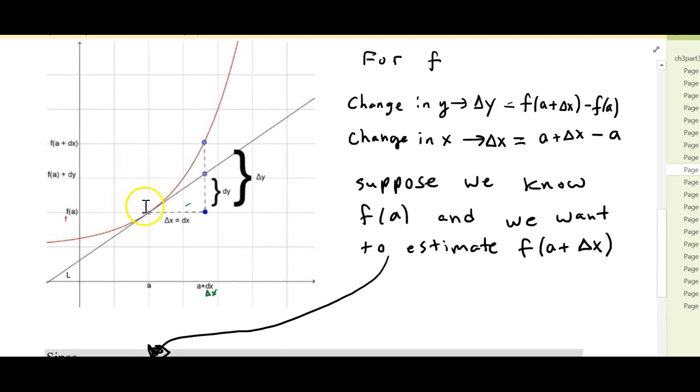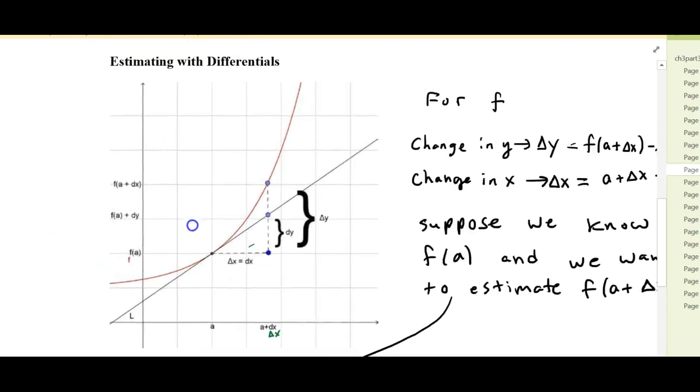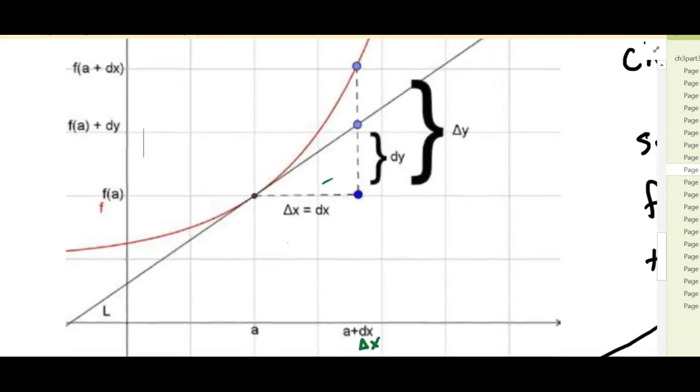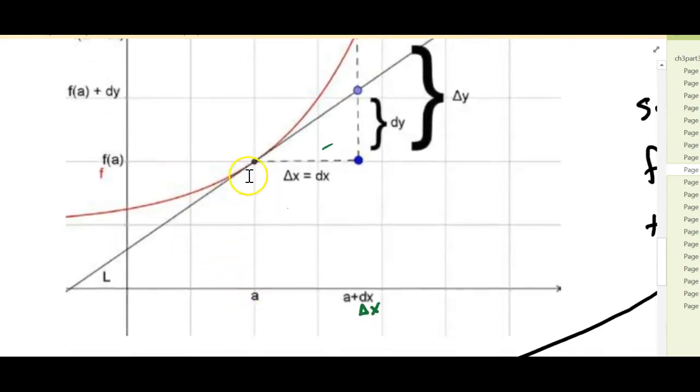The idea here is, let's say we know the value of f of a. Is there a way to use that value to estimate the value of the function for an x that's near a? Can we use the known value to estimate the function at this other value, a plus dx?